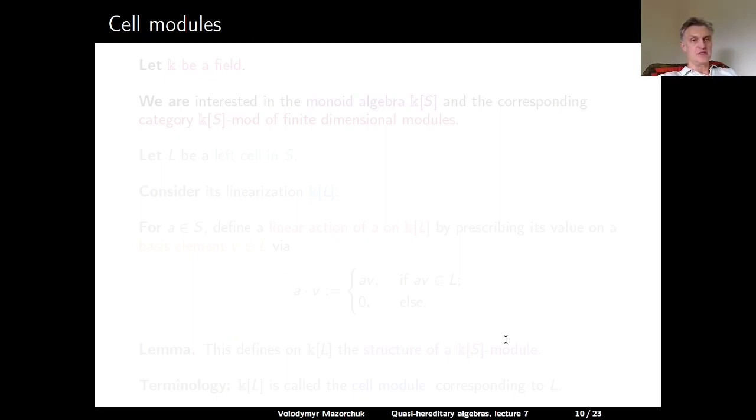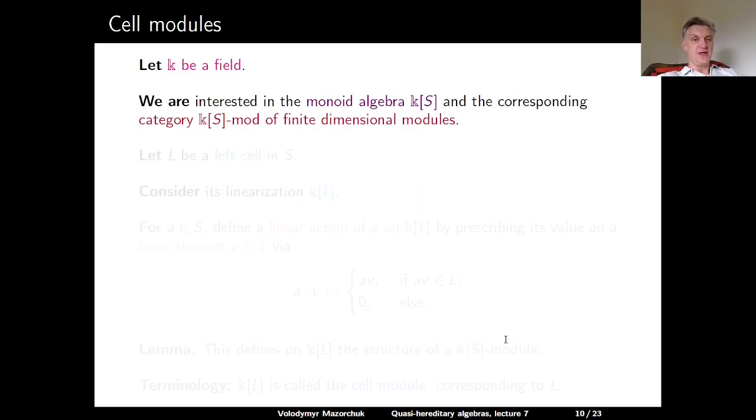Now we can talk about cell modules over monoids. Let K be a field. So we are interested in the monoid algebra K of S of our monoid S over our field K, and the corresponding category of finite dimensional K[S] modules.